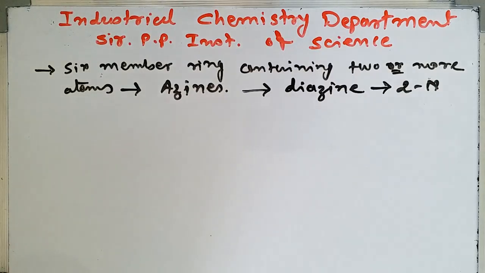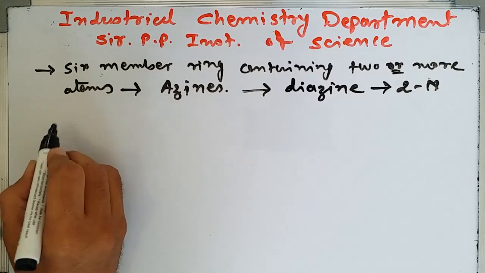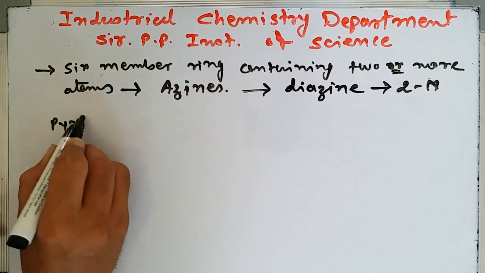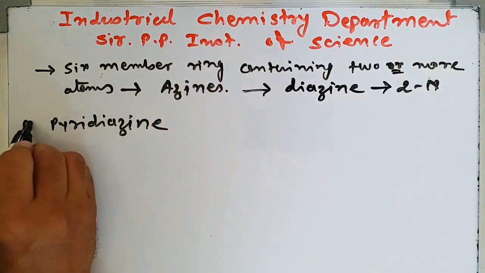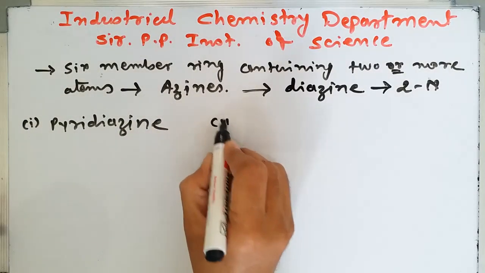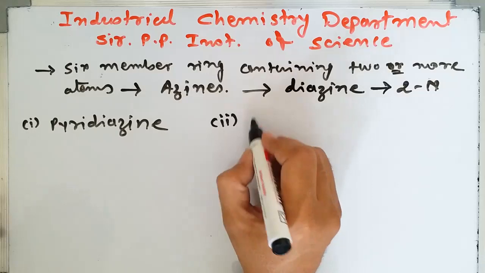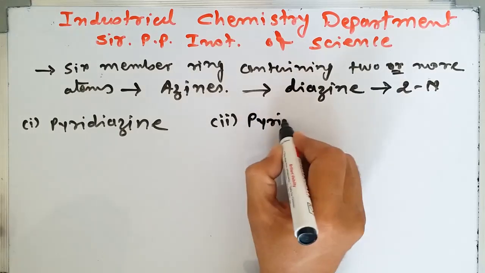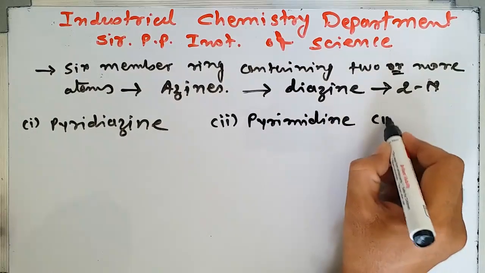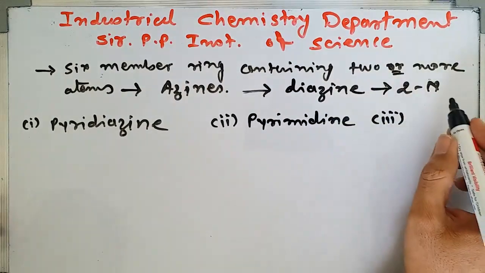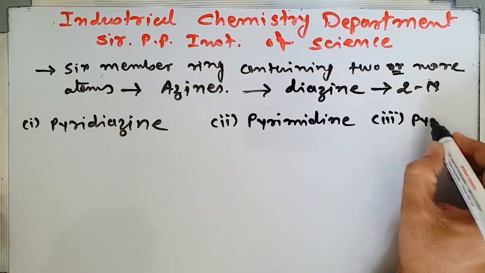According to our syllabus, we have three diazines: number one pyridazine, number two pyrimidine, and number three pyrazine.